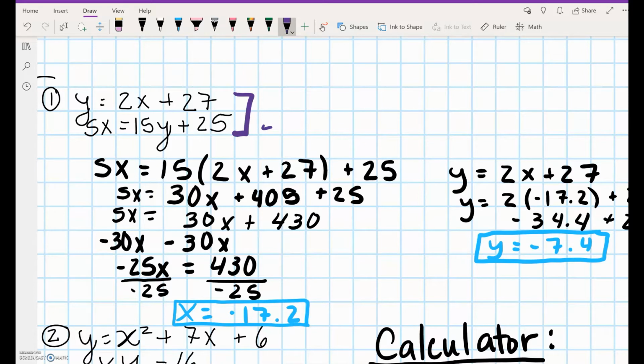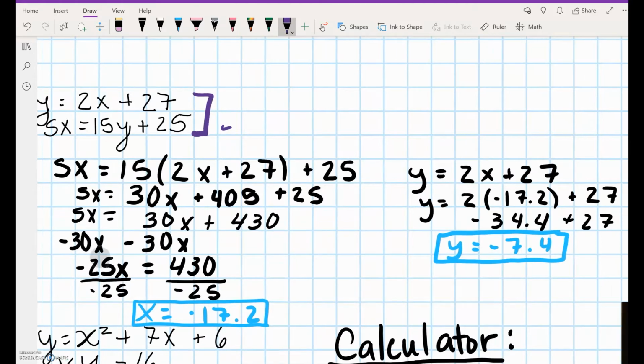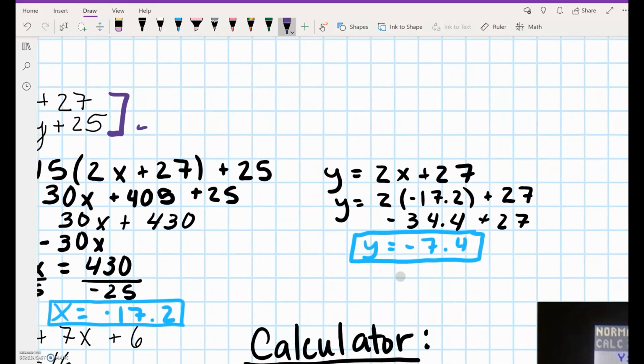Something worthy of note, which might get confusing, is let's say I wanted to solve out this equation for the y. I could not take what I solved this y for and plug it back into the same equation to find out what y is, because that's not solving your systems of equations, that's just looking at one equation. So then you plug your x into the equation that you choose.